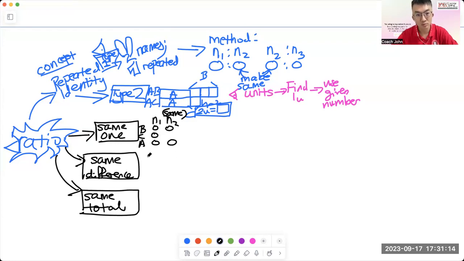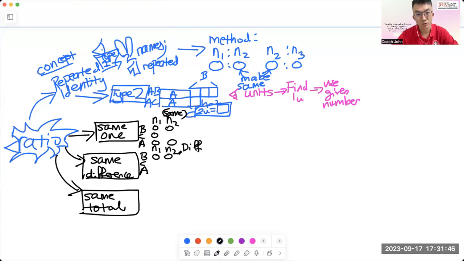Okay, for the same difference, let me use another color. I think I just use black. Same thing is the BCA table. You have N1, you have N2. And the highlight here is because it's same difference, your third column is difference.